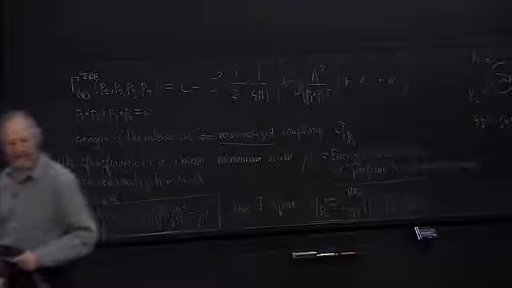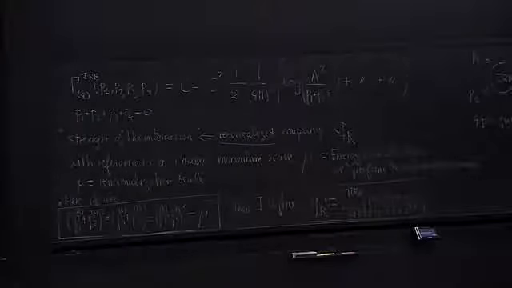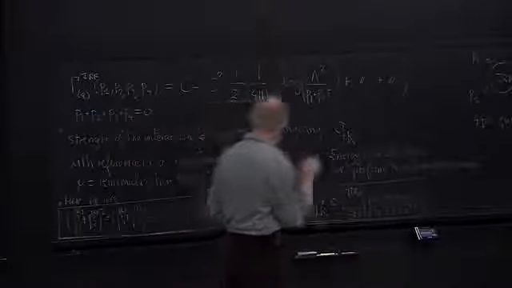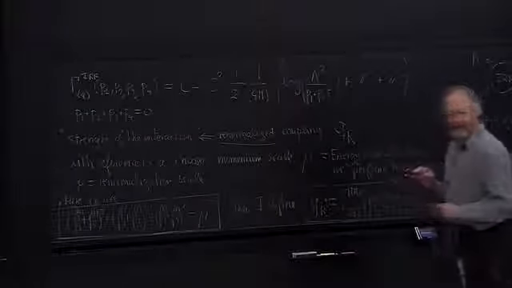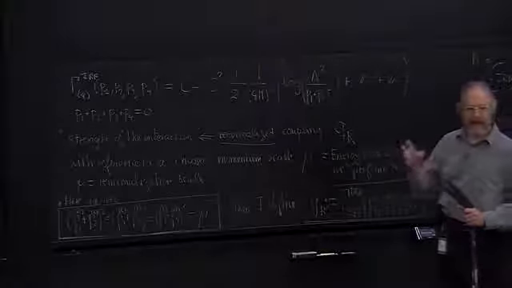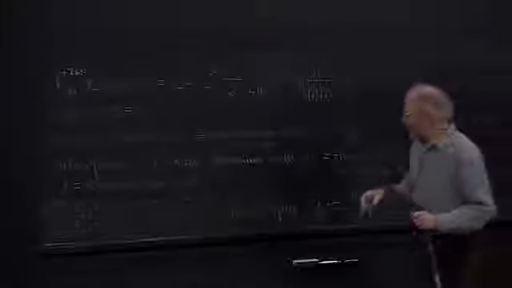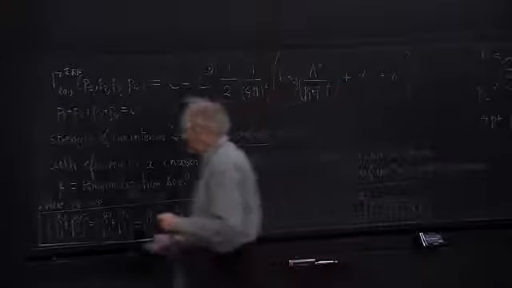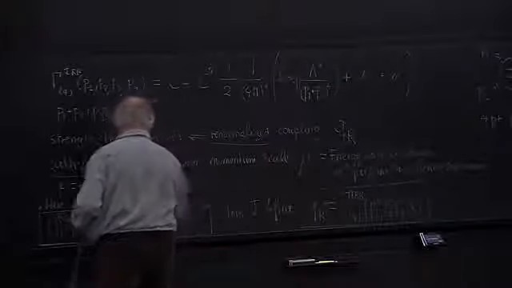That's it. So that's what I'm going to call the renormalized coupling, so that the strength of the interaction measured or calculated in the theory at an energy scale mu. Okay?